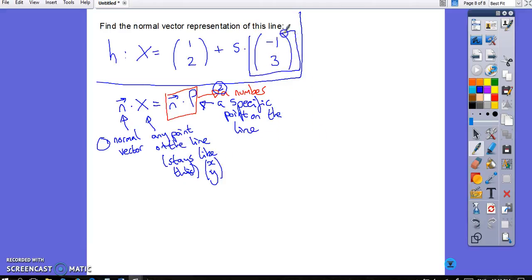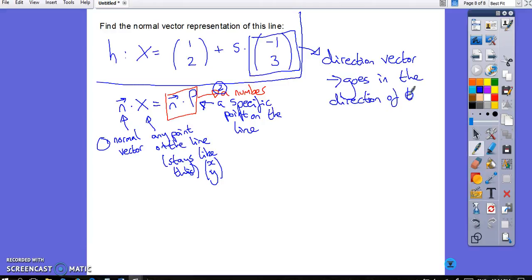We have here, in the vector equation of the line, the direction vector, and this goes in the direction of the line. From this, we want to find the normal vector, or any normal vector.